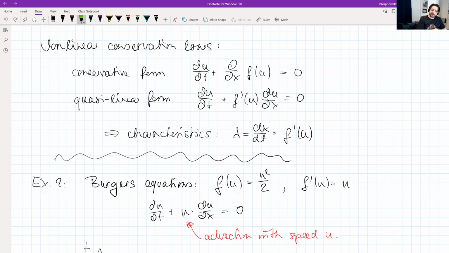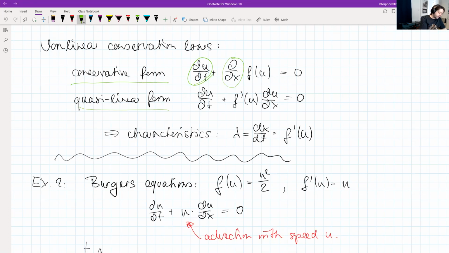We have then realized that there are different ways of writing this nonlinear conservation law. Now I'm doing it here in a 1D problem, but of course it could also be in multiple dimensions. Essentially, we could identify two different ways. One is the so-called conservative form, where we write the time derivative plus a space derivative is 0.